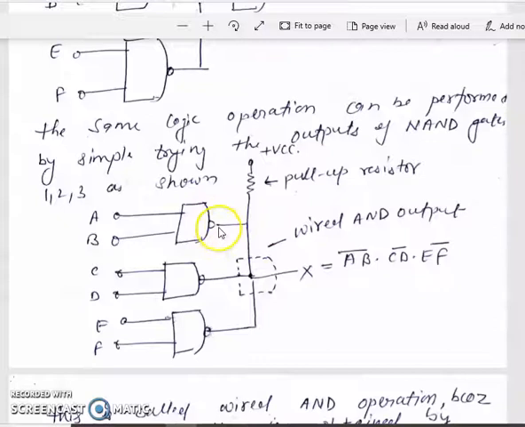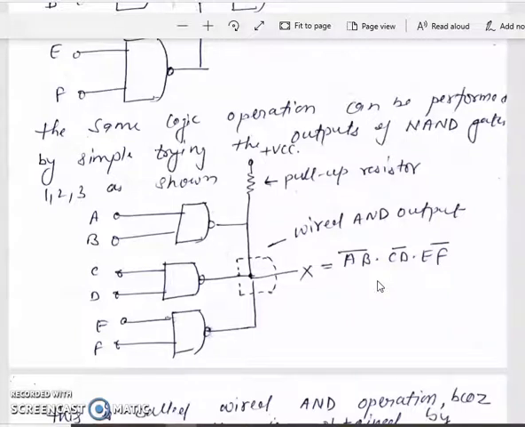The outputs of these NAND gates are tied together simply by wire, and this represents the wired AND output. The pull-up resistor has one terminal connected to VCC and one terminal connected to the NAND gates. This is the wired AND output, and we get the output AB bar · CD bar · EF bar.